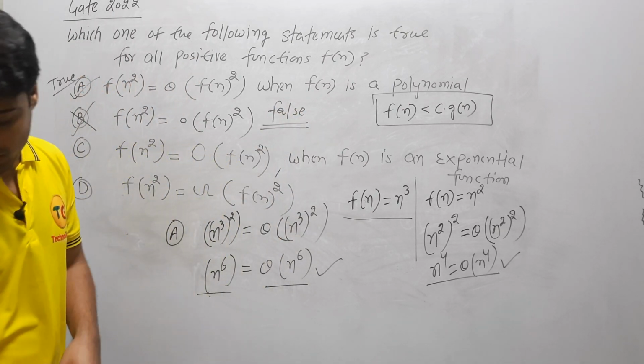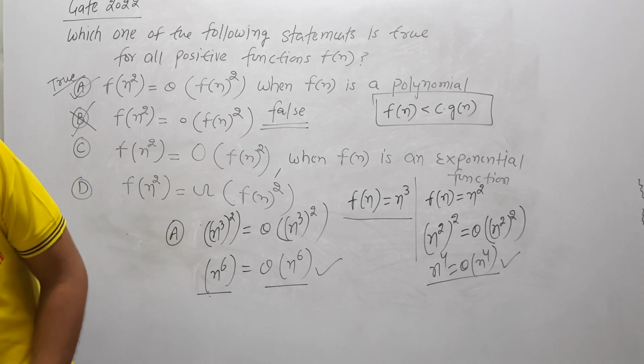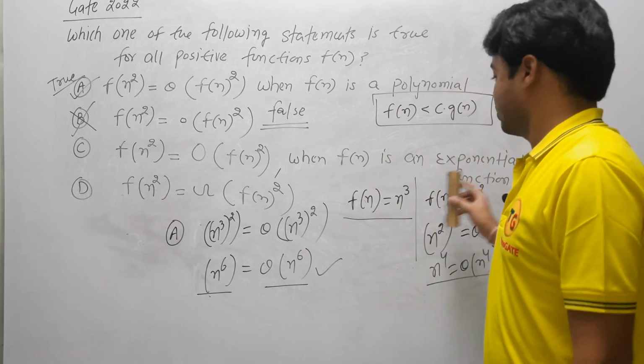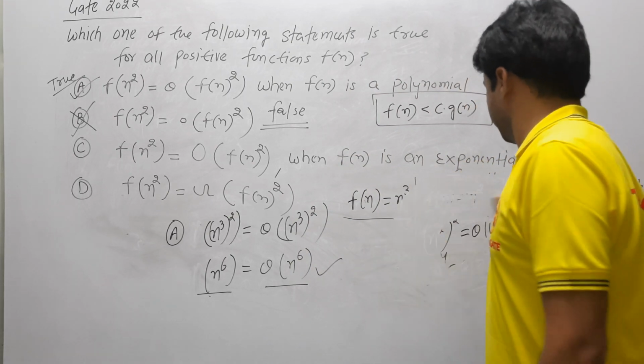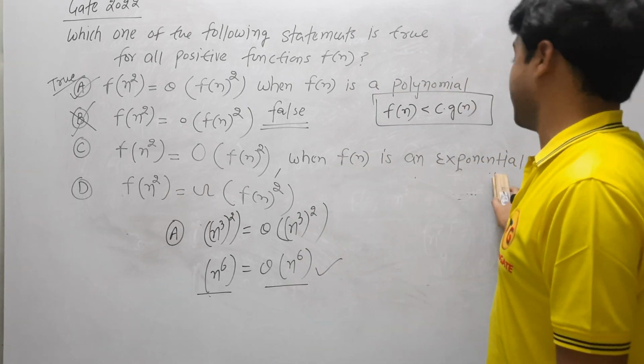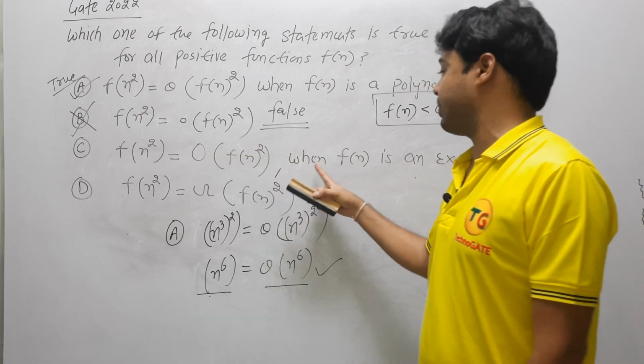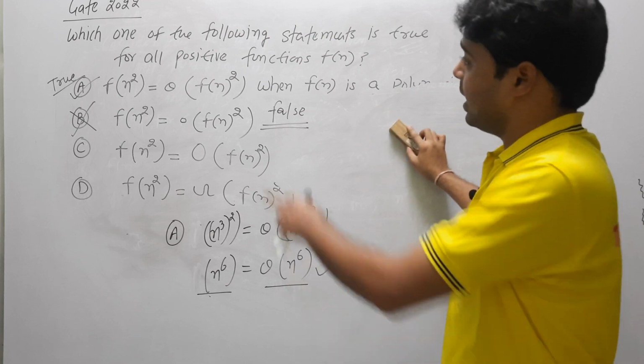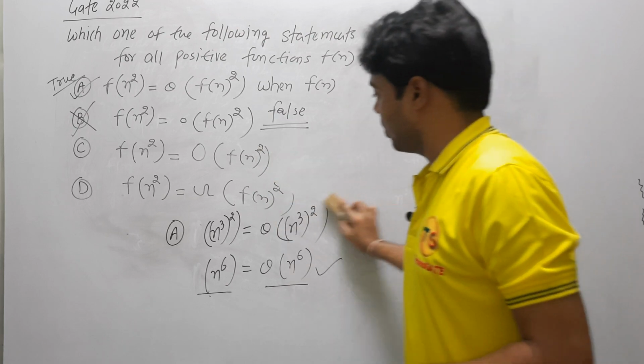Okay, now check the C option. C is very important. In C, it is already given that f of n is exponential, and in A it is given as polynomial. So A is valid for all polynomials.